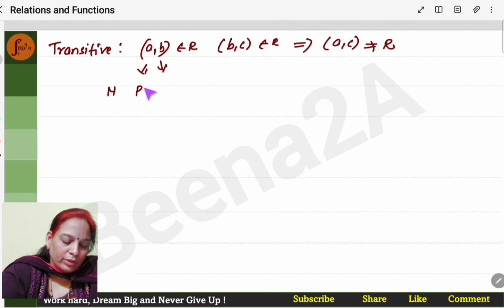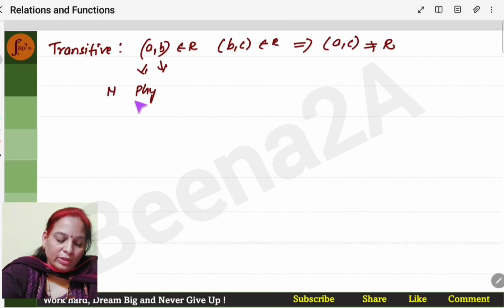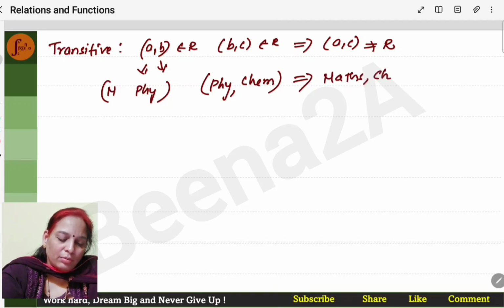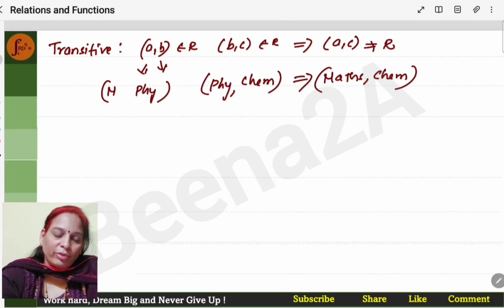Maths and physics have the same number of pages, and B is physics. For C, we'll take chemistry. If physics and chemistry have the same number of pages, can we say maths and chemistry have the same number of pages? Instead of A, we have taken maths, instead of B, physics, and instead of C, chemistry.